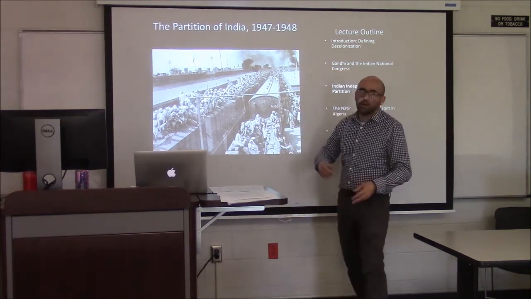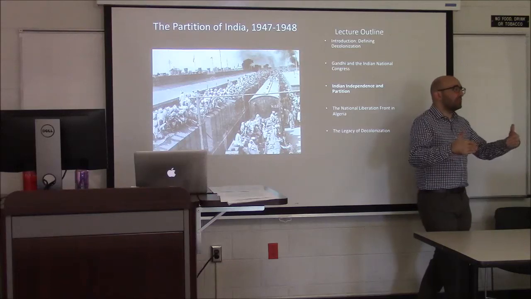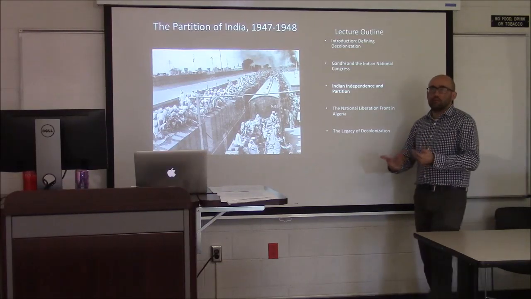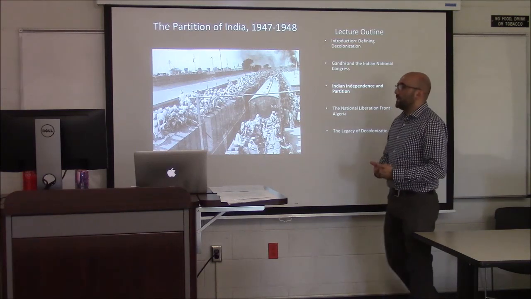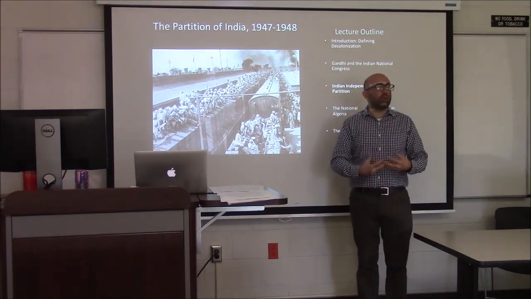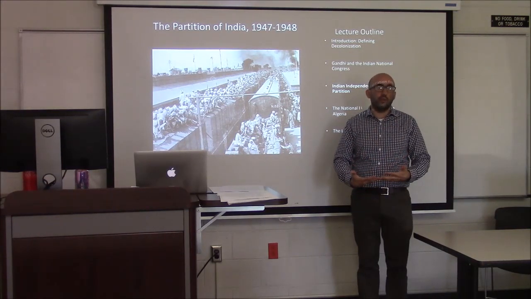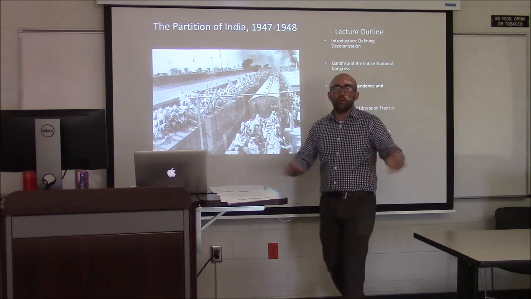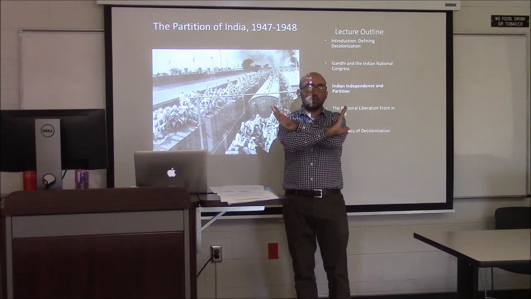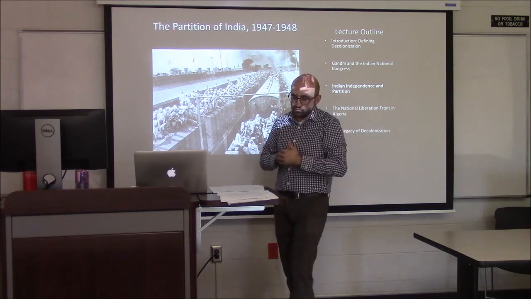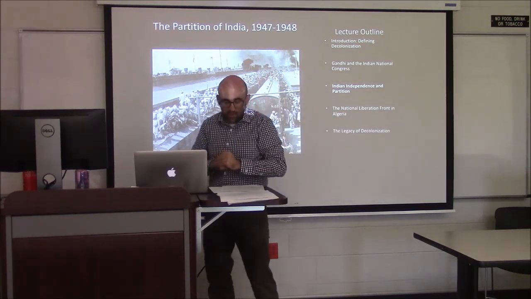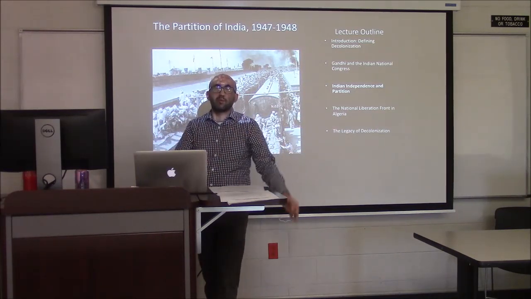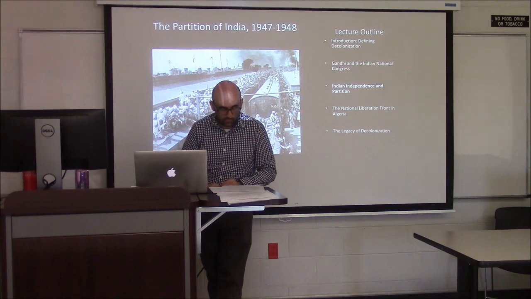In the wake of partition, however, massive amounts of population movement and violence continue. 1 million people will be killed in religious violence in independent India and Pakistan as 12 million people move across the borders. 12 million people will try to relocate in the countries of their respective religion.